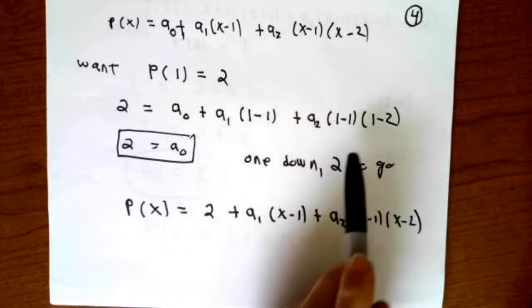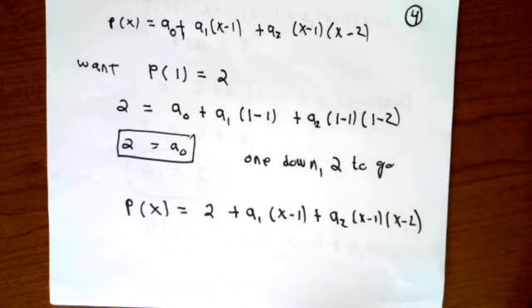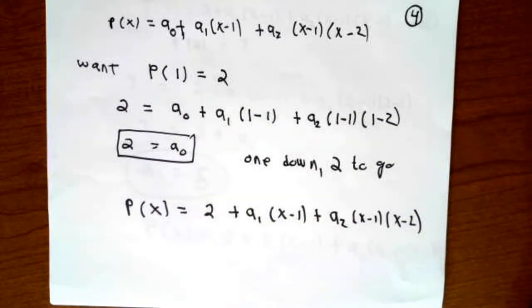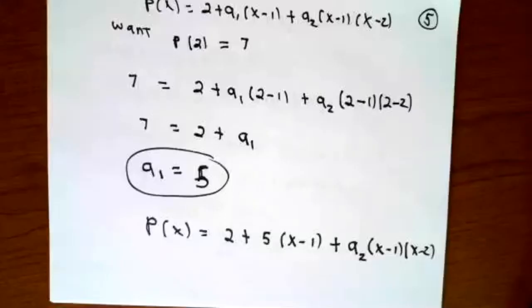This factor is 0. This factor is 0. So this equation just says that 2 is equal to a0. We now know the a0. We may as well write it down. We'll write all the constants down as we go along.